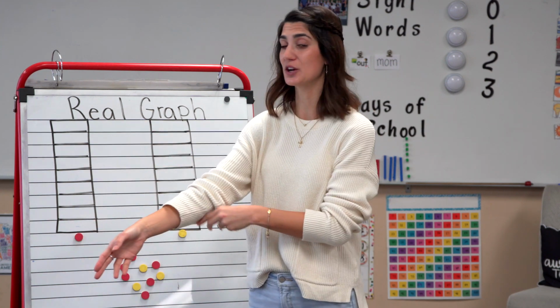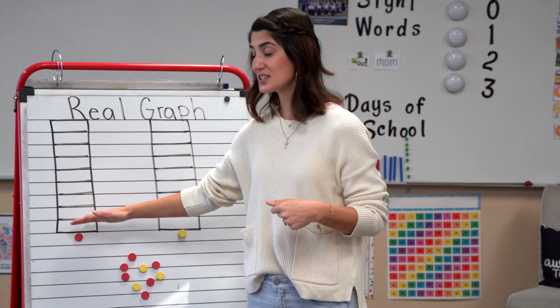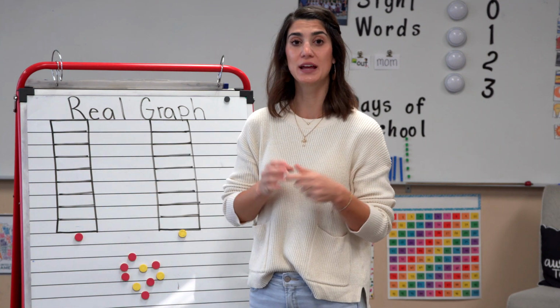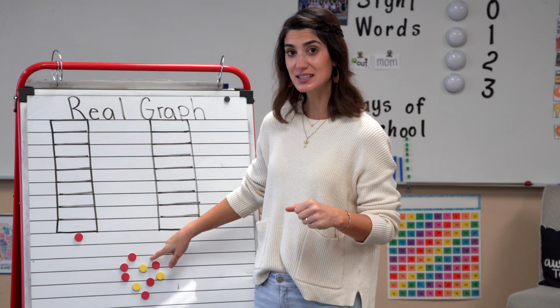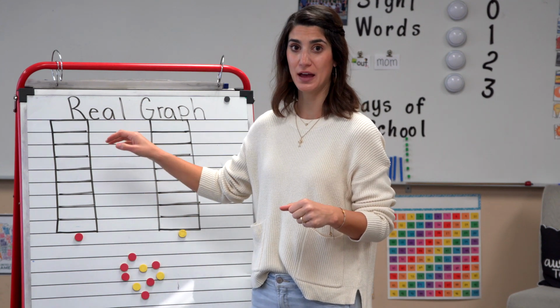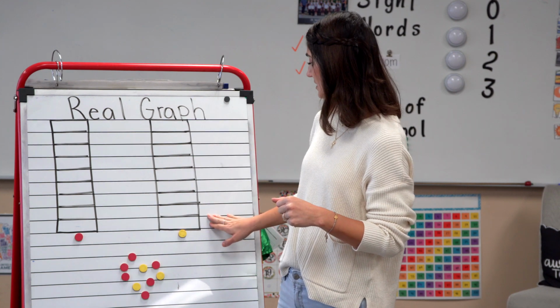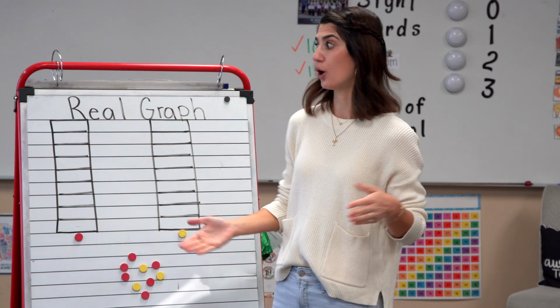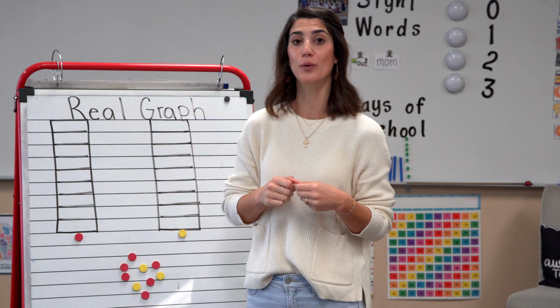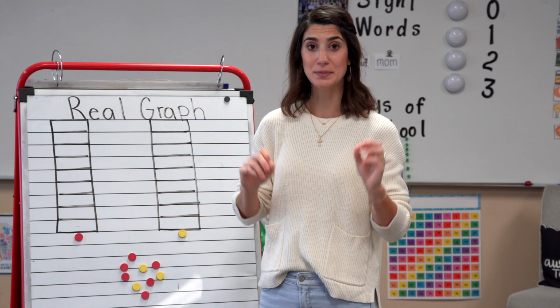And by looking down here at the label, I know that in this graph, I'm going to be sorting the red counters. So I can look down here at these counters and begin to sort them. So then looking over here at this graph, the label here is a yellow counter. So I know that all the counters that are going to go into this graph are going to be yellow.